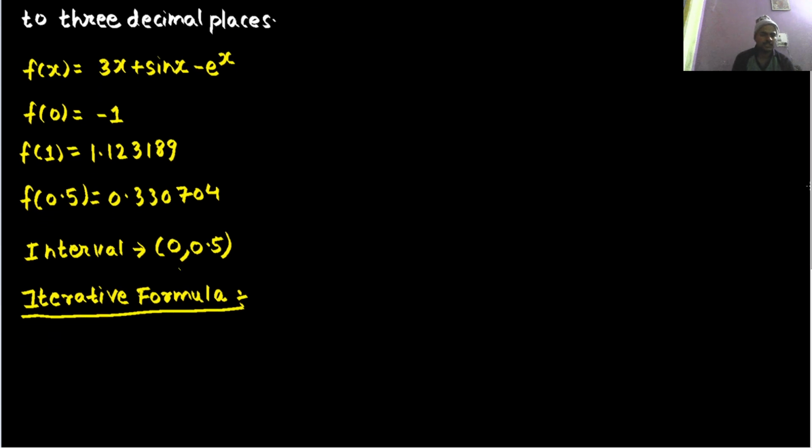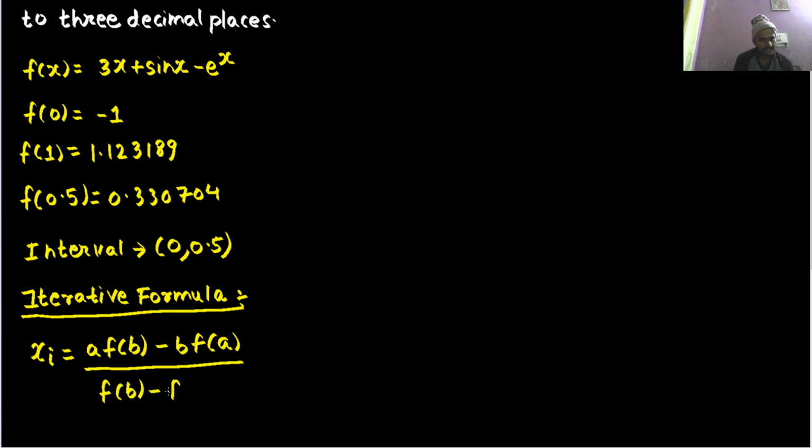And the number of iterations in Newton Raphson is even lesser. So the iterative formula is x_i, where i will be 1, 2, 3, 4 and so on, equals a times f of b minus b times f of a, divided by f of b minus f of a. This is important.